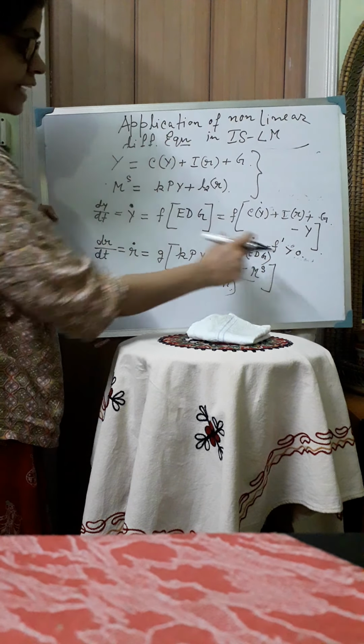So from here what we are getting, F dash, then within bracket C dash dY plus I dash dR minus dY.